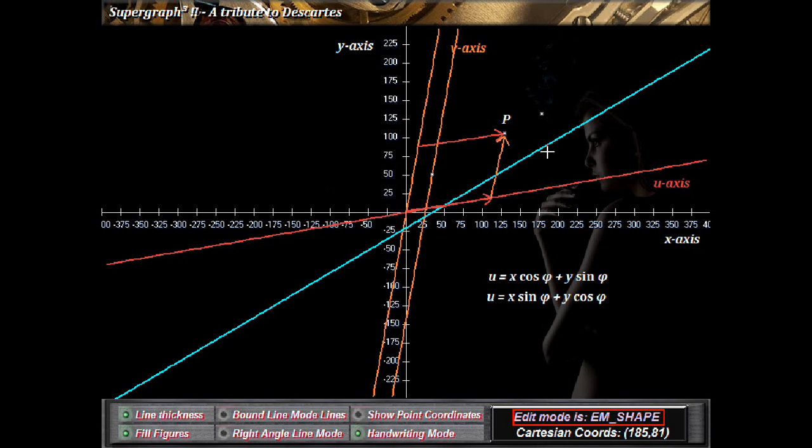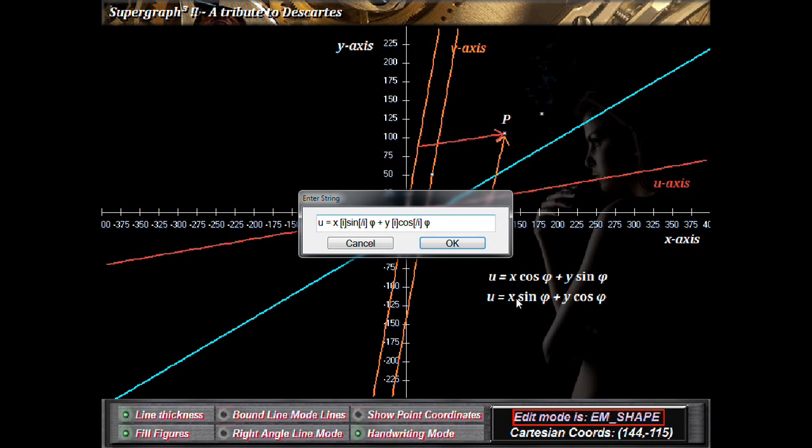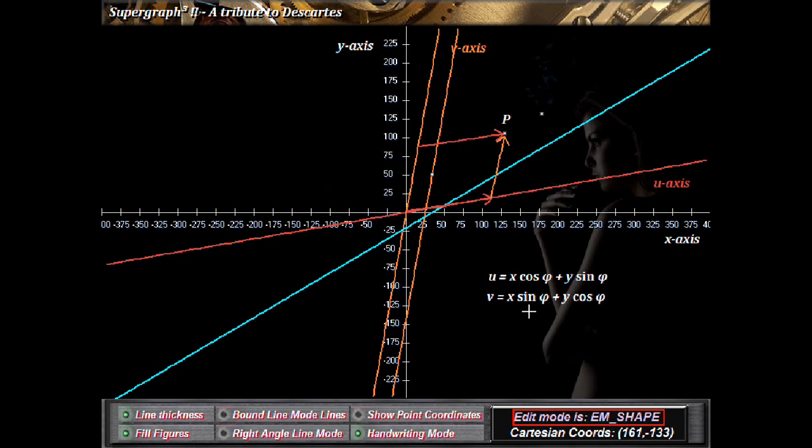Now, the equation of this line in x and y is, let's say, 3x plus 7. Whoops, this is v. Plug that in for x, and for y.